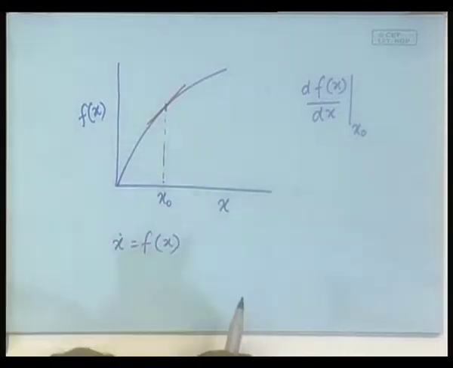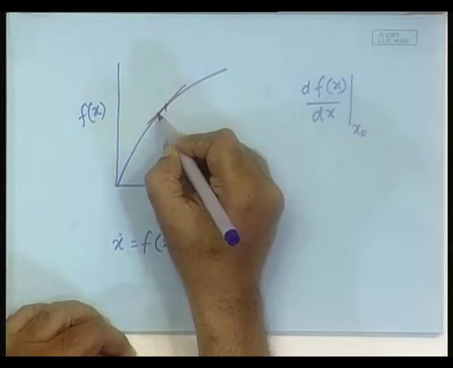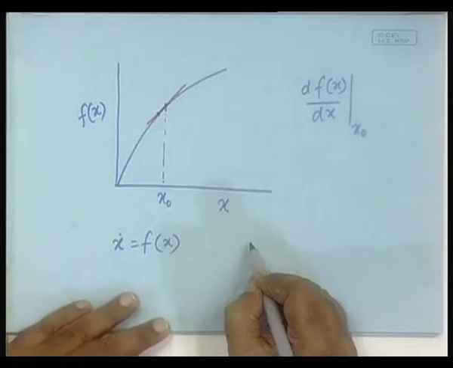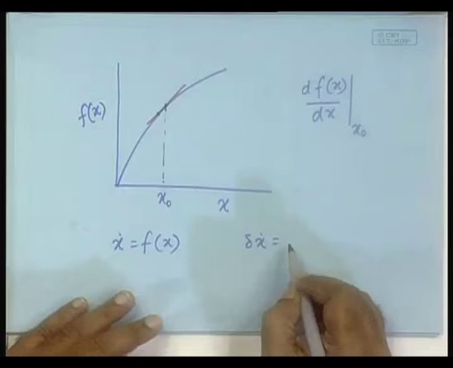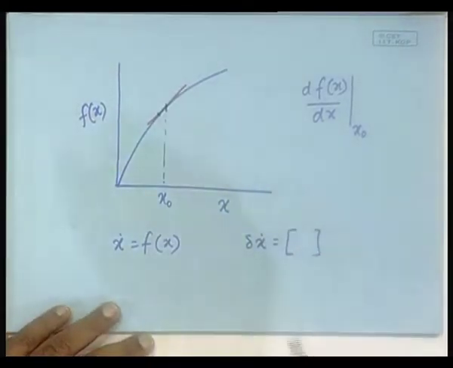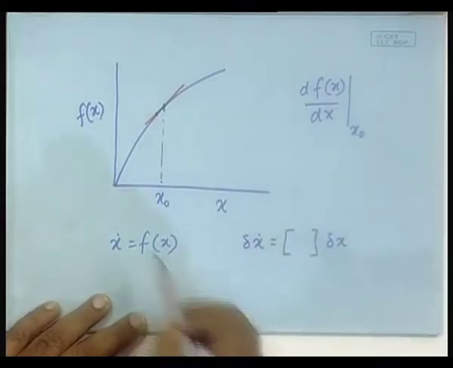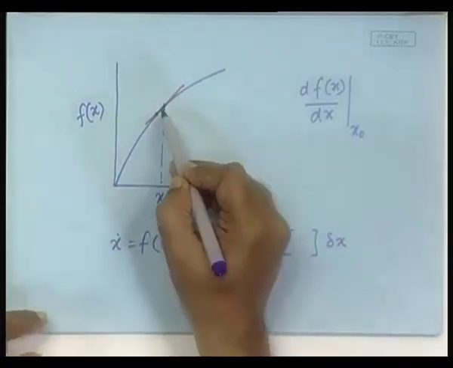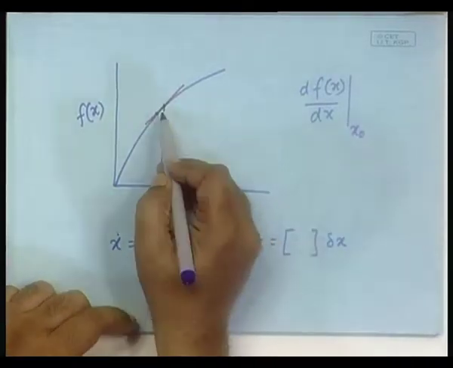The locally linear differential equation will then be, notice that from here the deviation, so it will be delta x dot is equal to some linear function, something here times delta x. Notice that earlier it was here, starting from here where the 0 was, there is a different issue, but now that you are linearizing around that point, you have to consider deviation from that point.